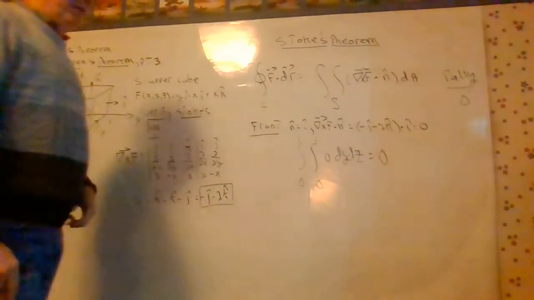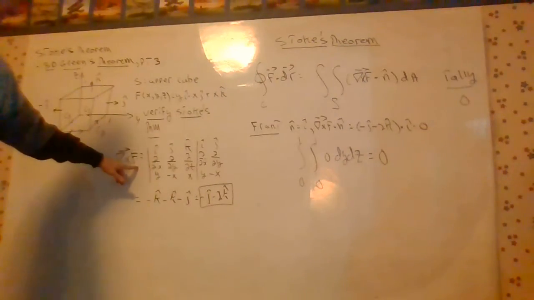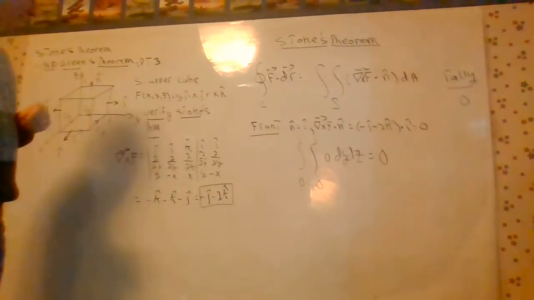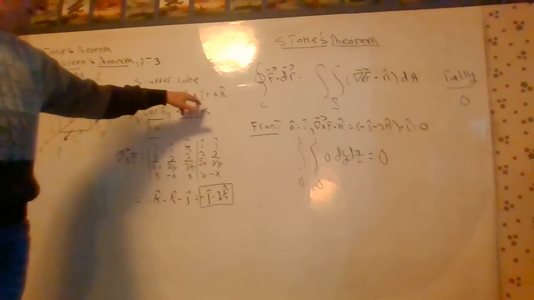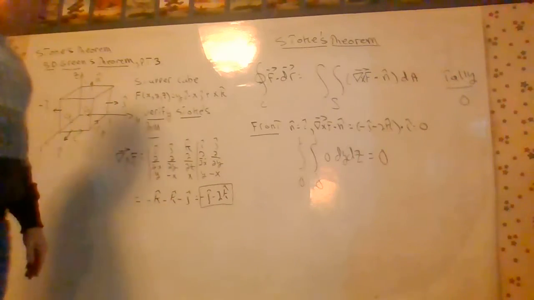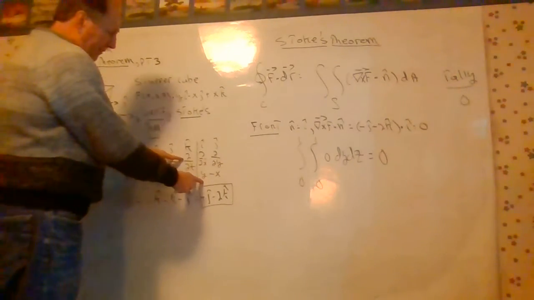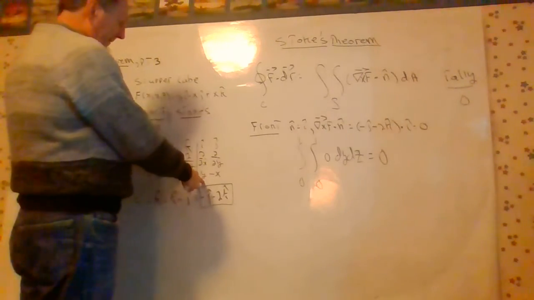First of all, we need to figure out the curl, del cross F. I put the partial operators here. This is the vector field, y, -x, x. Copy 2 columns over, and if you do the crisscross thing, you'll see that one's 0, that one's 0, z partial of y is 0.